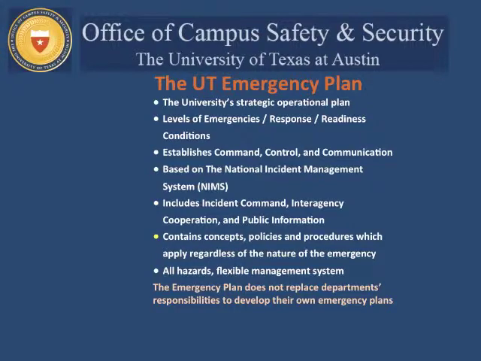It contains a lot of the policies and procedures which apply regardless of the type of emergency. We like to think of it as all hazards and flexible, but the biggest thing to remember is that the university's emergency management plan does not replace departments' responsibilities to develop their own emergency plans and emergency actions.